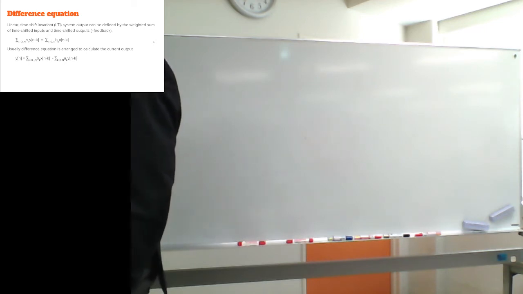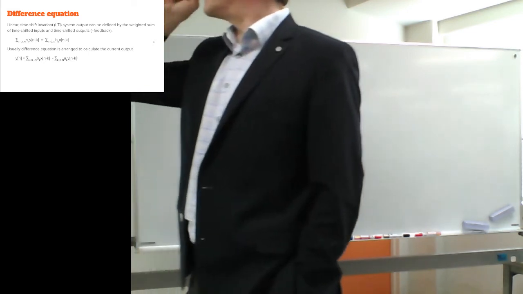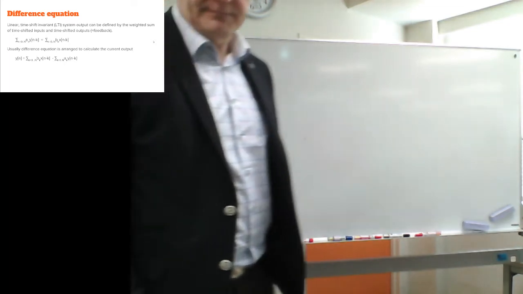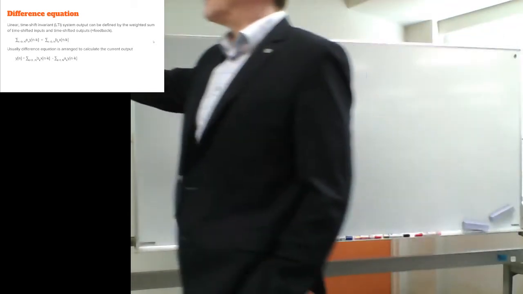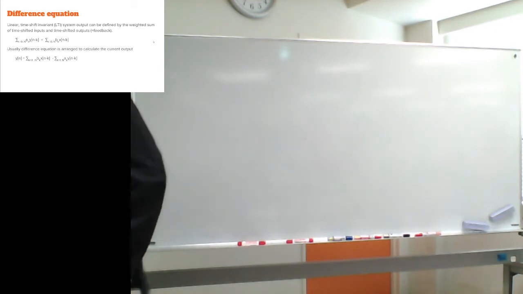Generally, if a system is linear time-shift invariant, meaning an LTI system, this gives the relationship between output and input. Is this familiar? Hopefully.